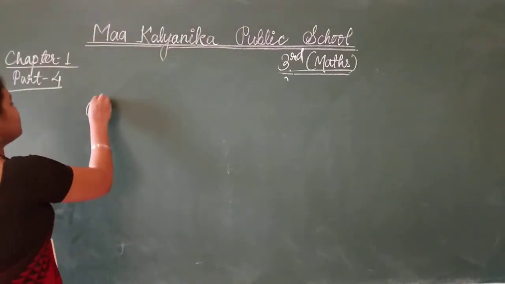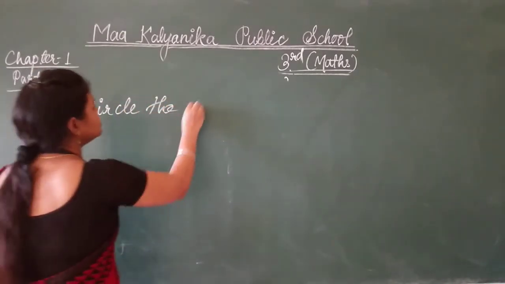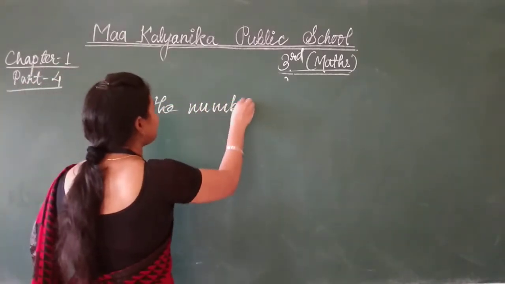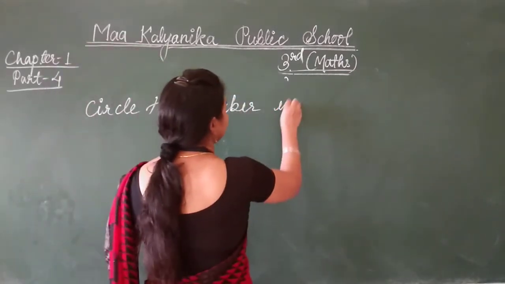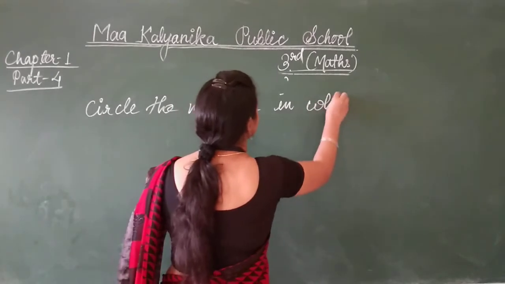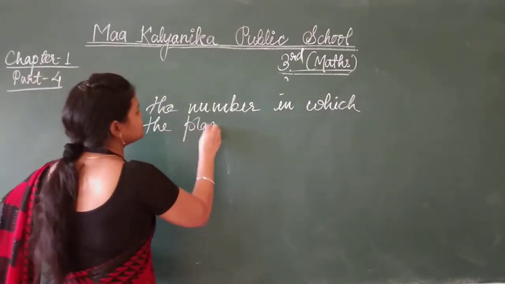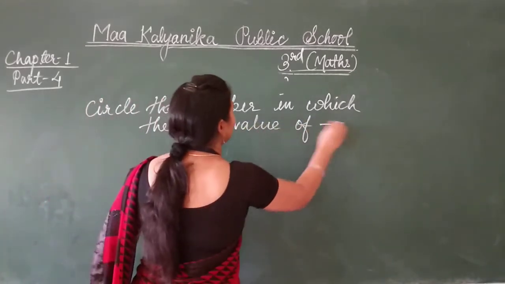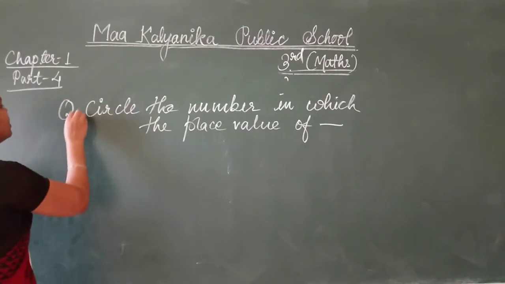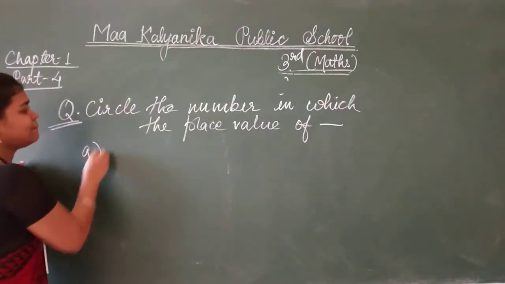For example, the question asked is, circle the number in which the place value of dash is dash. Sometimes this type of question comes. This is regarding the place value.